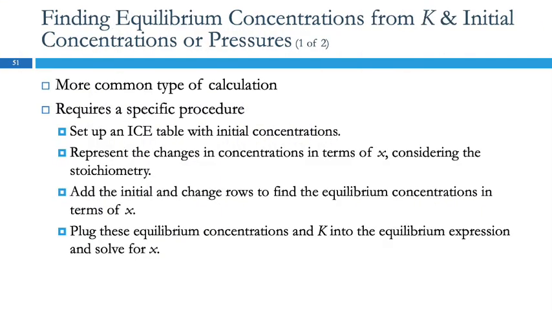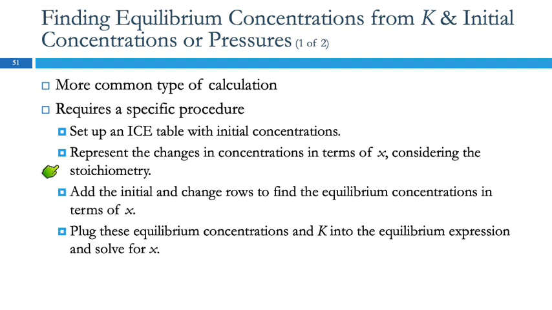Okay, the more common type of calculation, which involves a little bit more work. So here we need to follow a specific procedure. So we're going to set up an ICE table with the initial concentrations. Those will be given.